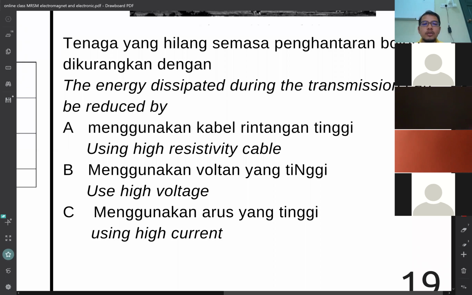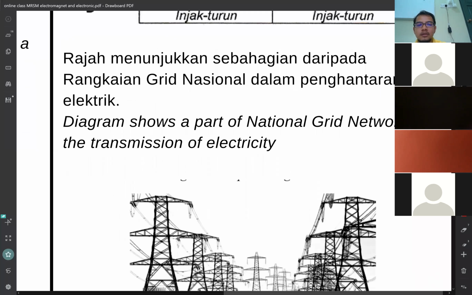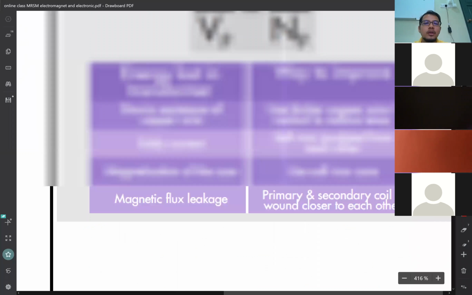Okay. If they use a high resistance, rintangan tinggi, the current will not be enough for us to use, right? So this one actually goes back to the chapter on electric. So there are certain things that you need to go back to electric and understand before you go to electromagnet.